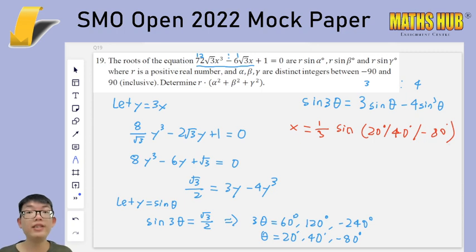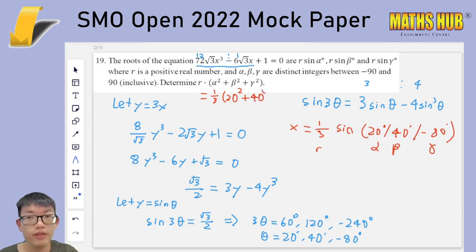And the good news is simply that we have found out r is 1/3. And we have found out these are alpha, beta, and gamma. So just substitute into our final expression: 1/3 of 20 squared, 40 squared, and 80 squared. And you would get 2800.